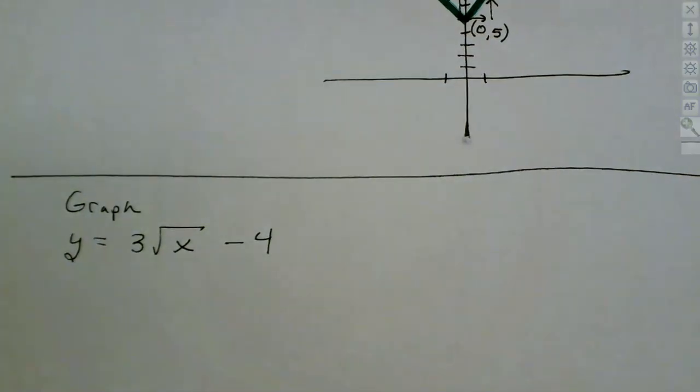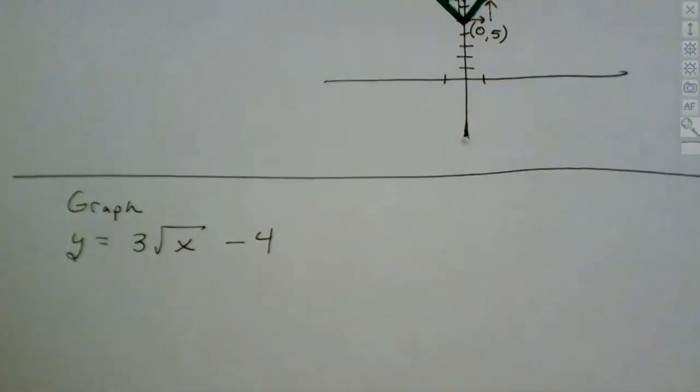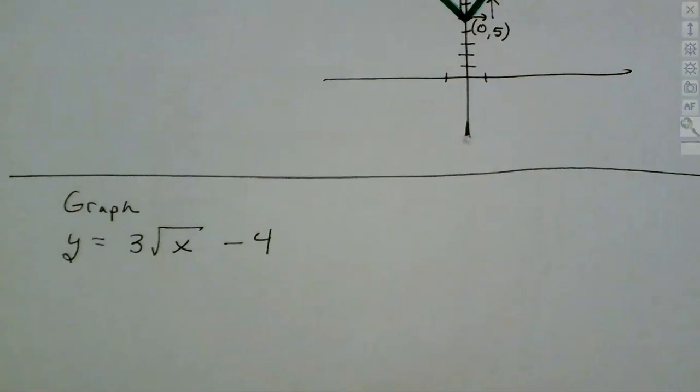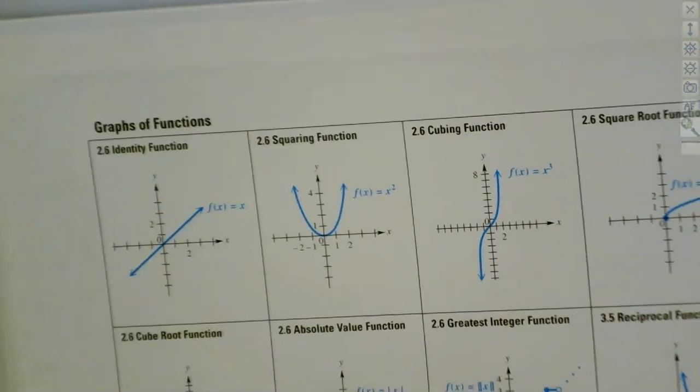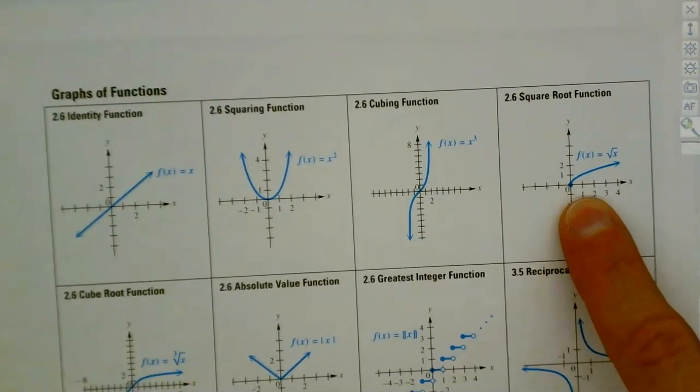So the first thing I do is I need to figure out what it is going to look like. We go to the back cover of our textbook. This is a square root, so the square root looks like that.